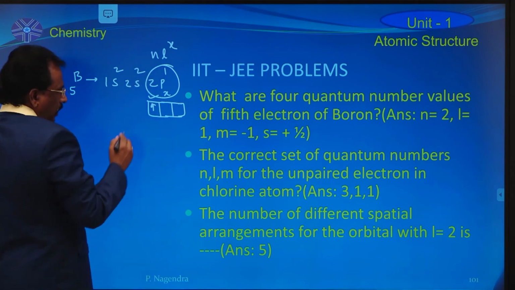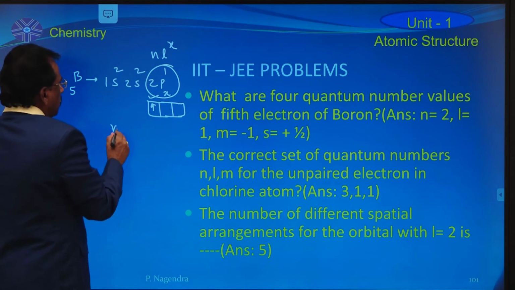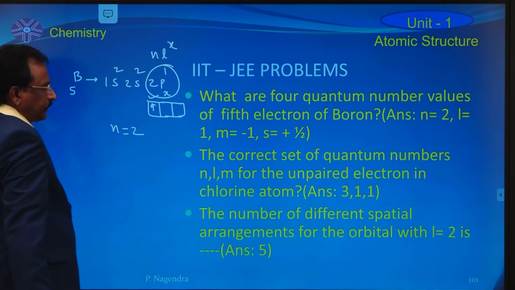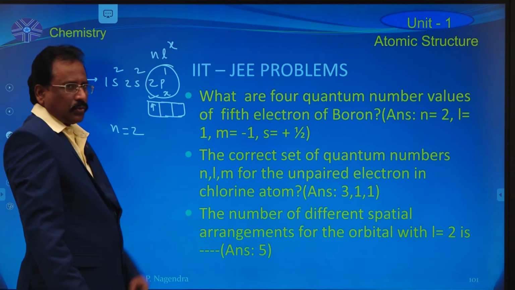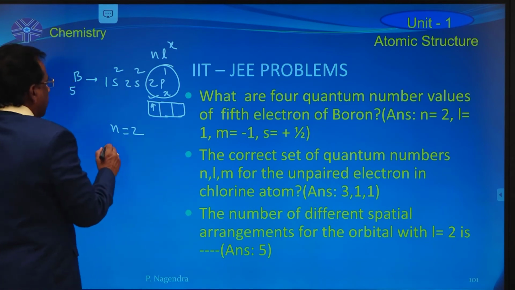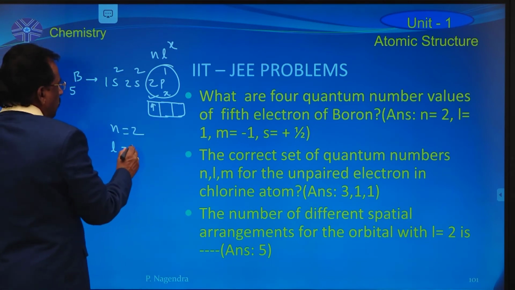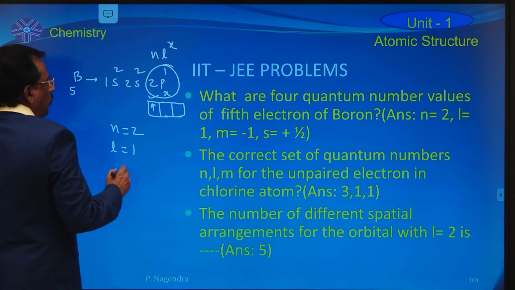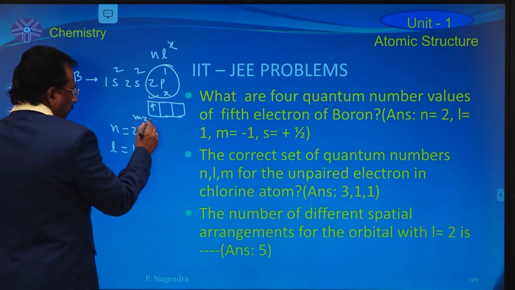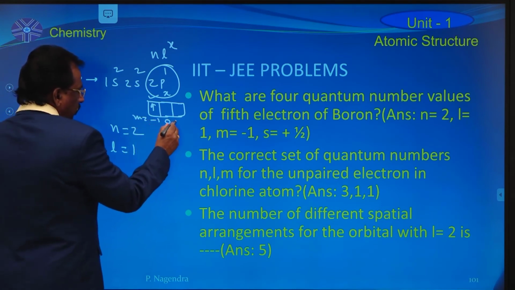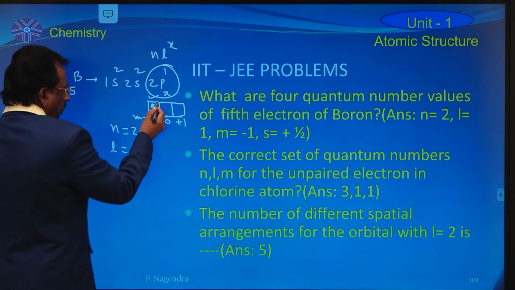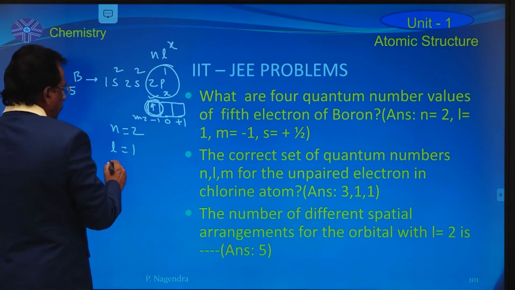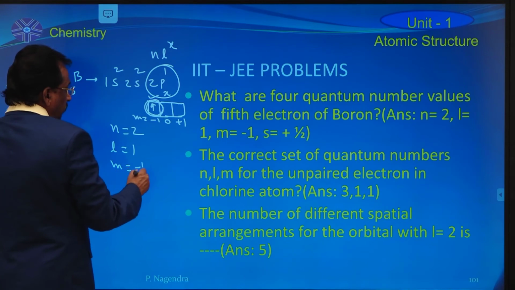So the value of n is equal to 2. For the p subshell, the value of l is equal to 1. Now the values of m are -1, 0, +1. So the 5th electron is present in m equal to -1.